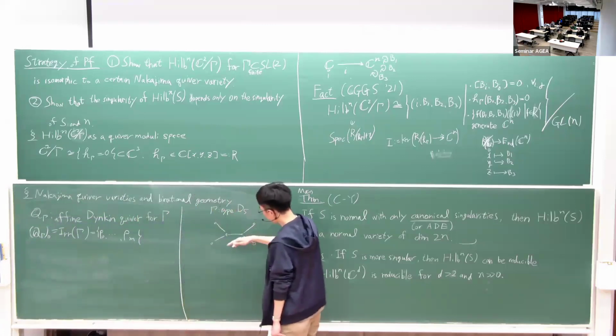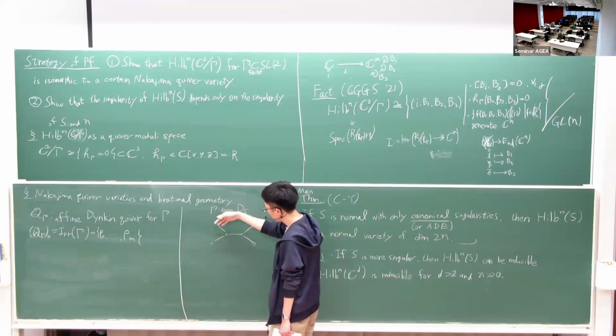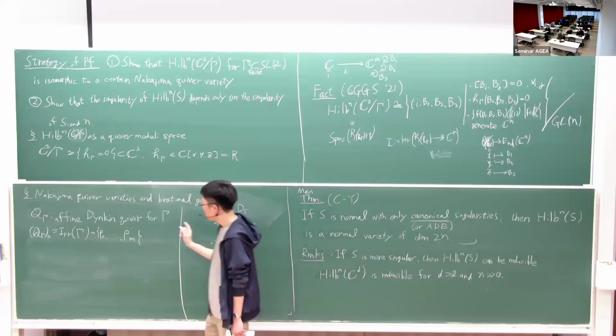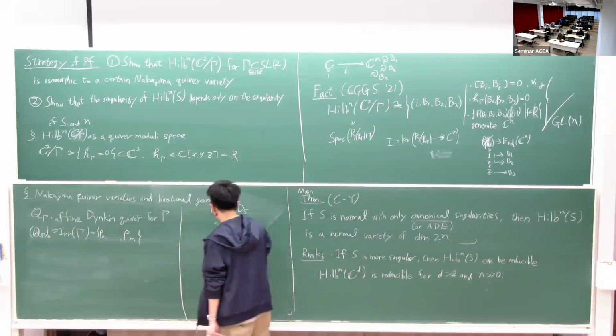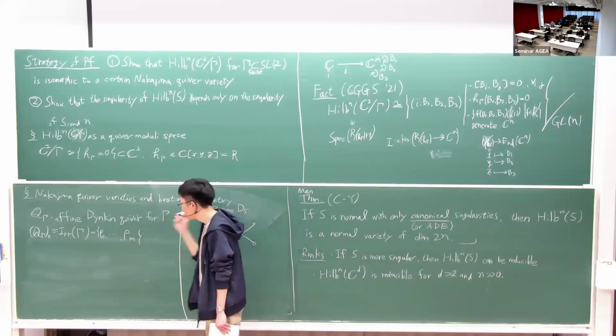So if we remove this one, this is the usual Dynkin diagram. And when we consider the affine Dynkin diagram, we need to add one extra vertex, rho 0, corresponding to the trivial representation.